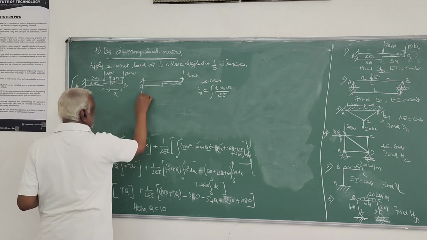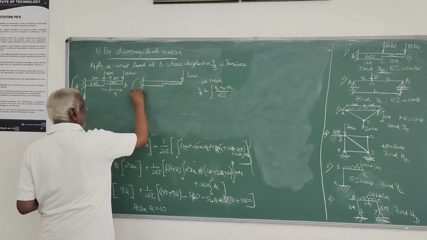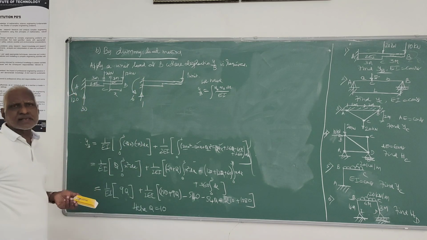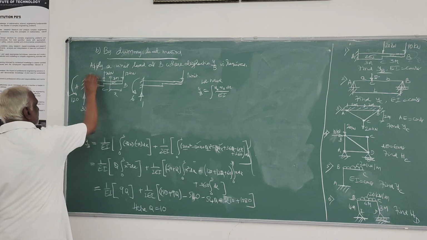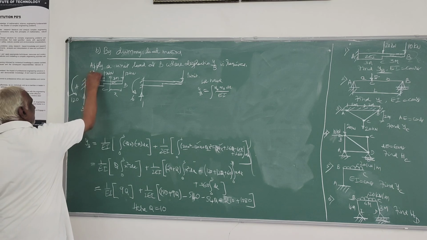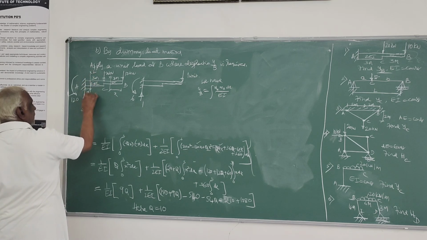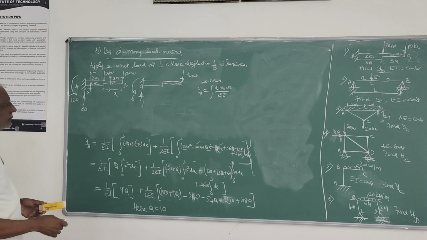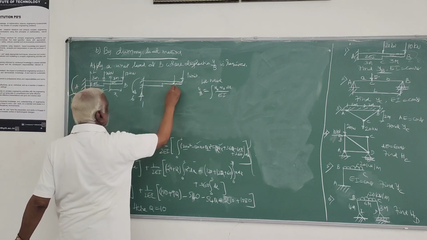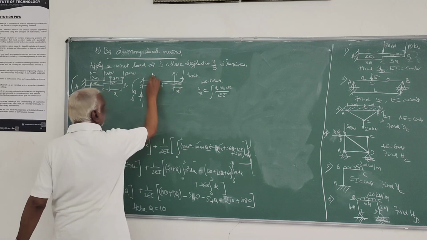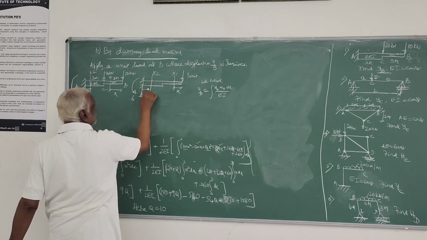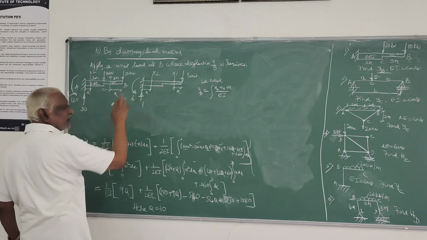Here it is 1 and here you will get 6. So those reactions you have to find. Then I need a section x1, I need another section x2, measured from here. Here also the same positions, x1, here x2. The same sections you get.